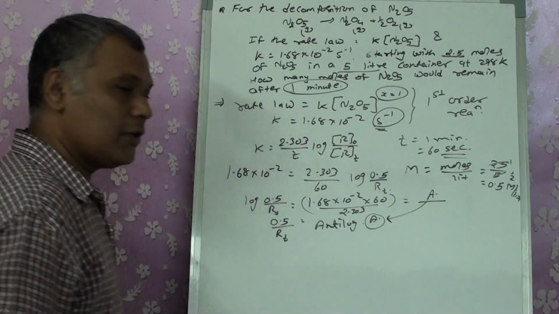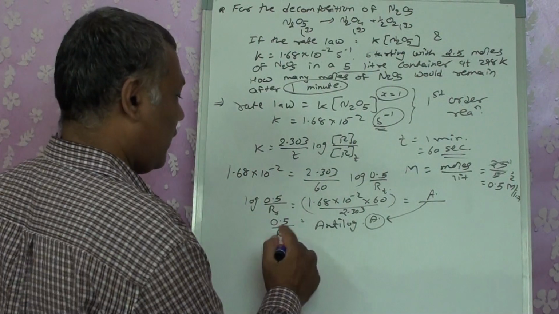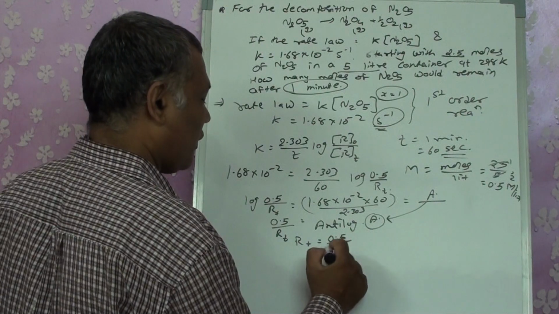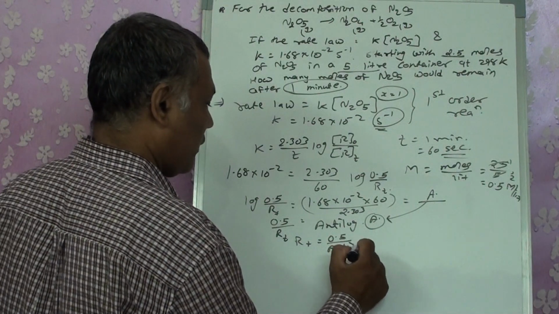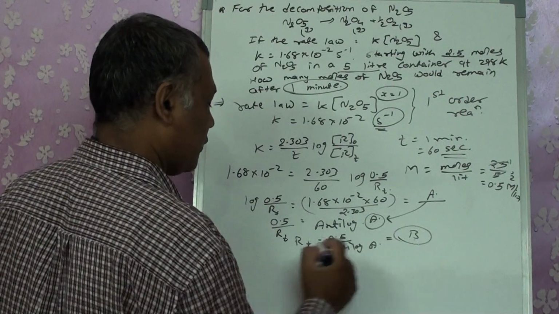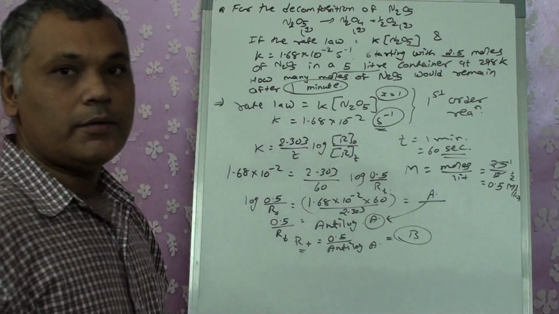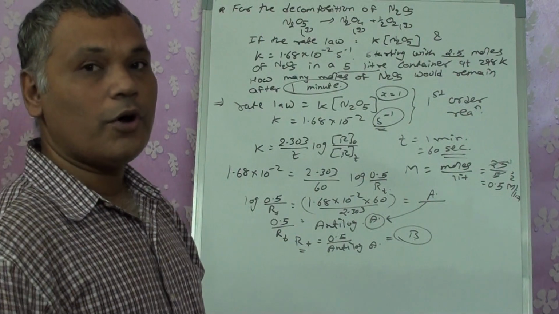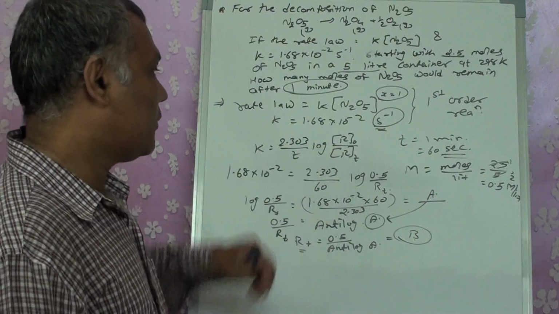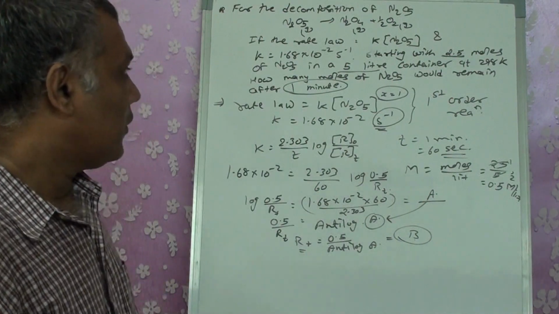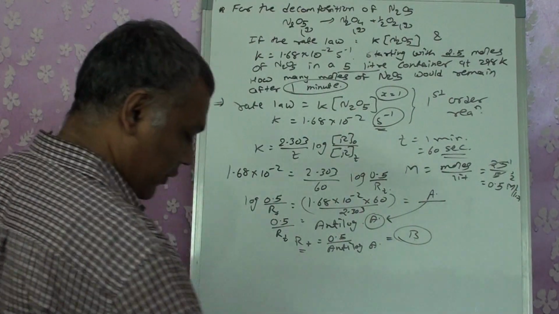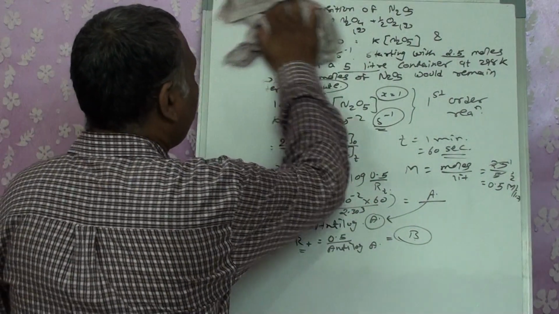We'll place it over here, we get the antilog, and since we want RT, that means 0.5 upon the antilog of that value will give me the concentration. So log and antilog are going to be very important for us in these sums. Is it clear? Okay, now let's do one more, something different.